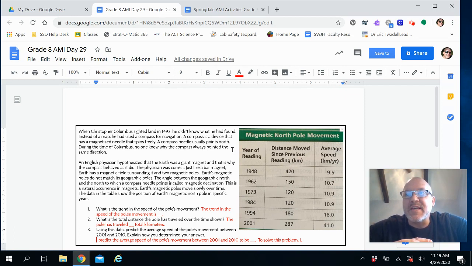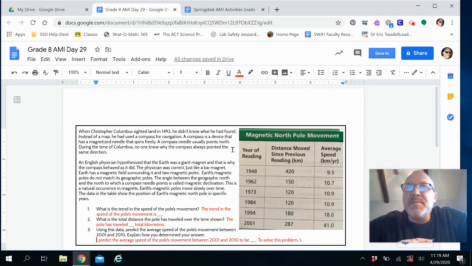Or you can just look at the data in the data table on average speed and use the trend to make your prediction. But let's take a look at the prompt and see if I can give you some more information.